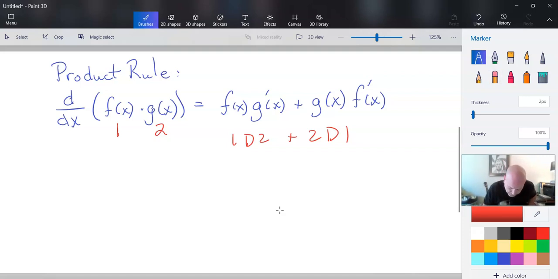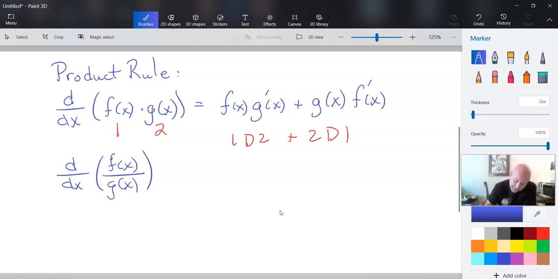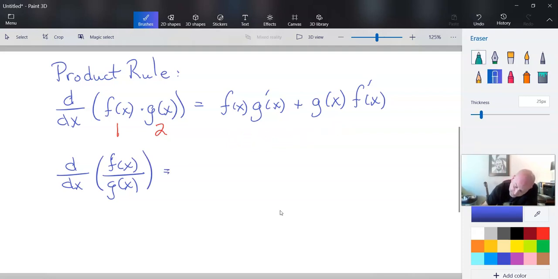And then the quotient rule, oops, I want to switch back to blue. The quotient rule says that if I have f of x divided by g of x, right, I'm doing a d dx of that. Let's go ahead and get this off of here.